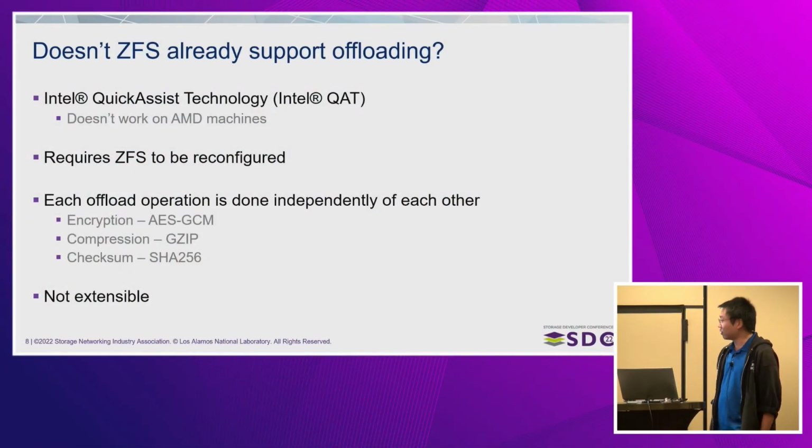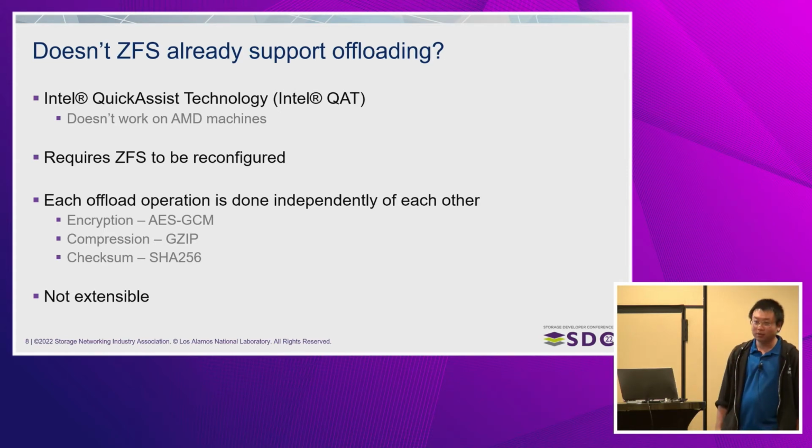Well, the QAT code in ZFS is also not particularly extensible. It sort of calls the QAT API directly. So if the API were to change at some point, or if a user wanted to use a different accelerator, it would not be easy to do so.